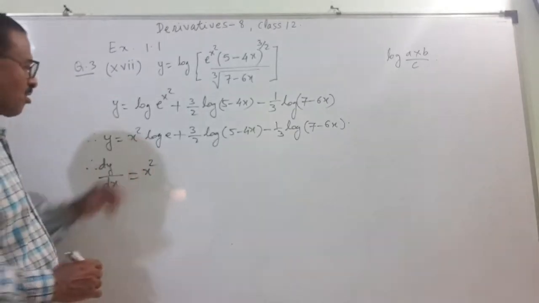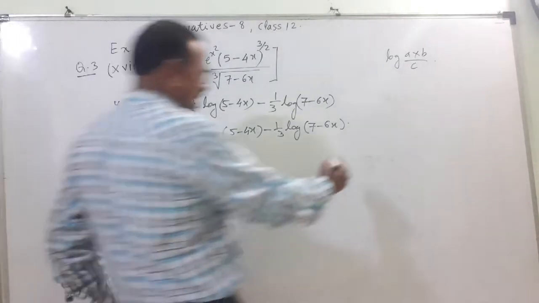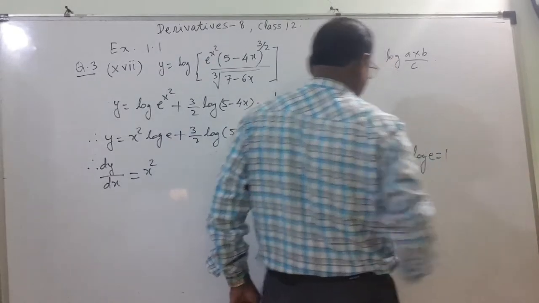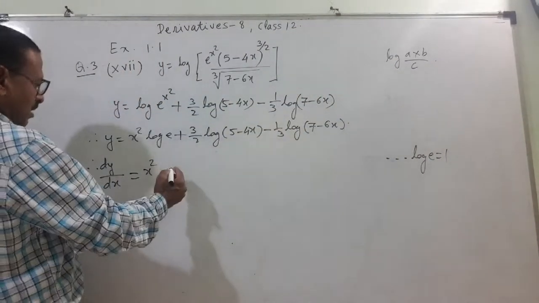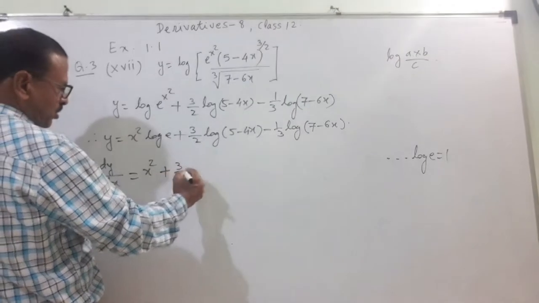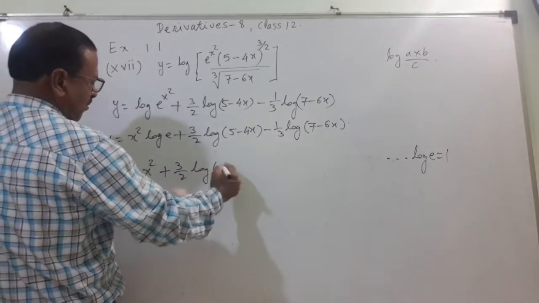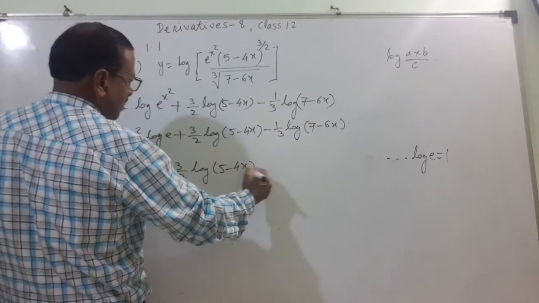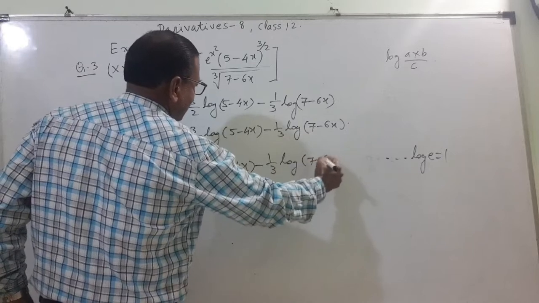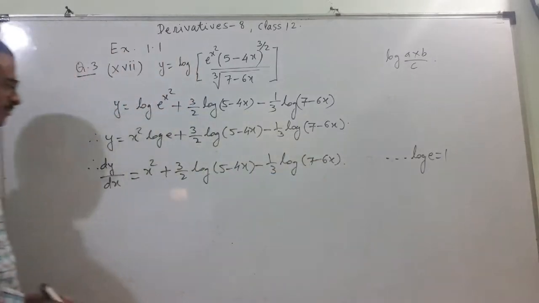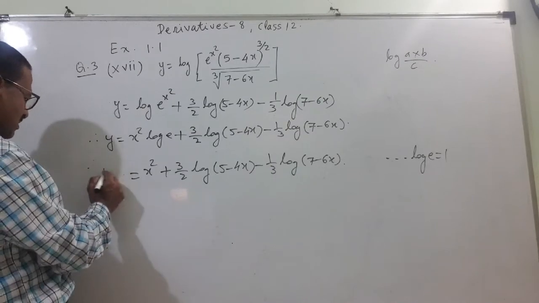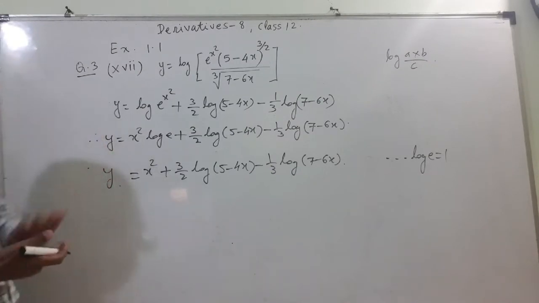X square into log of e is 1. Here I will write log of e is equal to 1, plus 3 upon 2 log of 5 minus 4x minus 1 upon 3 log of 7 minus 6x. Okay, and this is y equal to, just afterwards we will take the derivative.